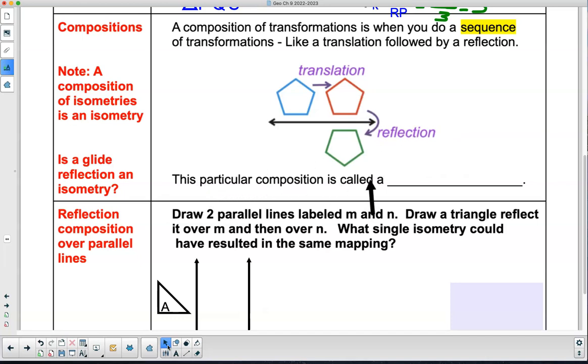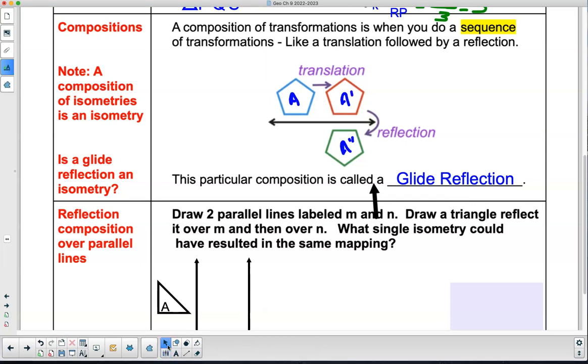This particular combination is called a glide reflection, okay? So I've got to keep in mind when I'm doing something like this, it's kind of like a walk in the sand or something like that. But this is a glide reflection. It's a translation. I go from A to A prime to A double prime, okay?